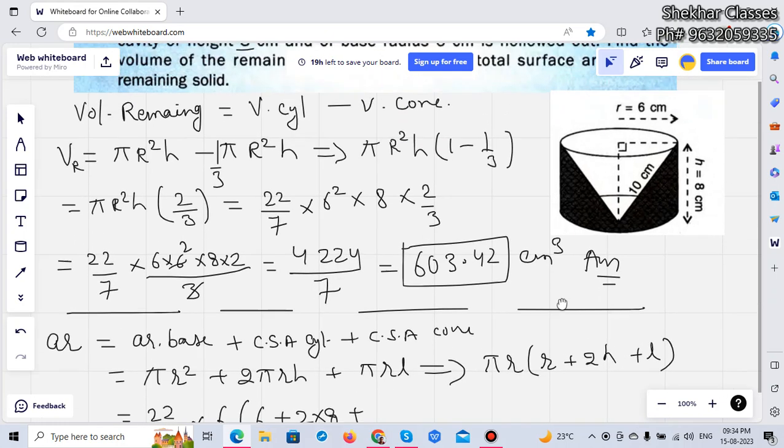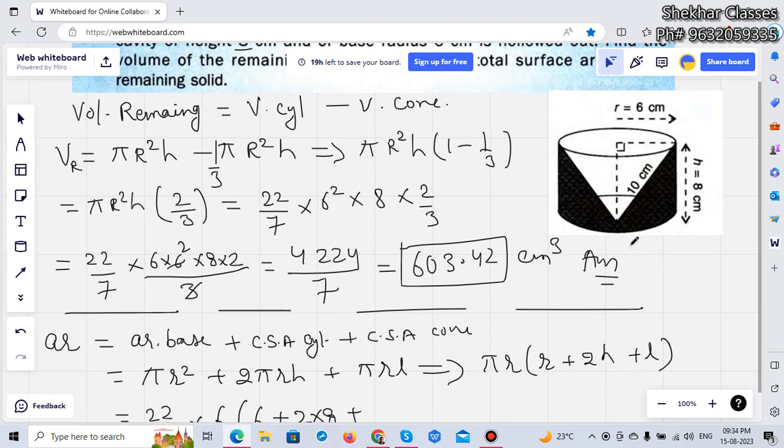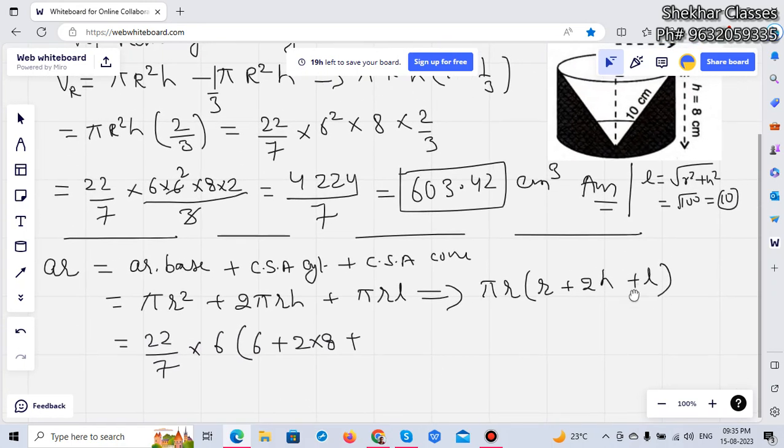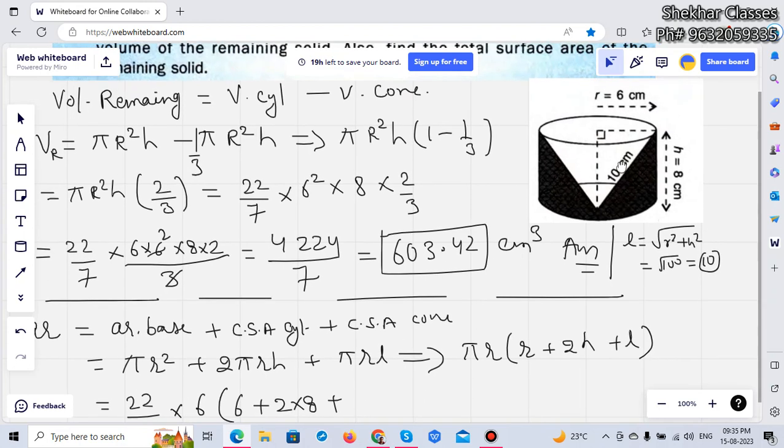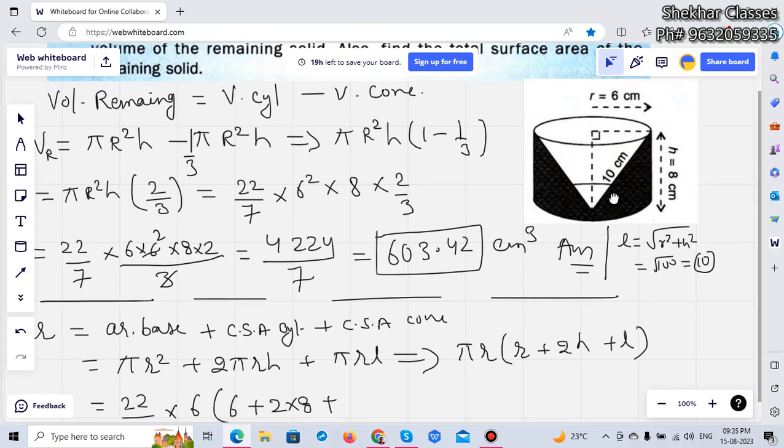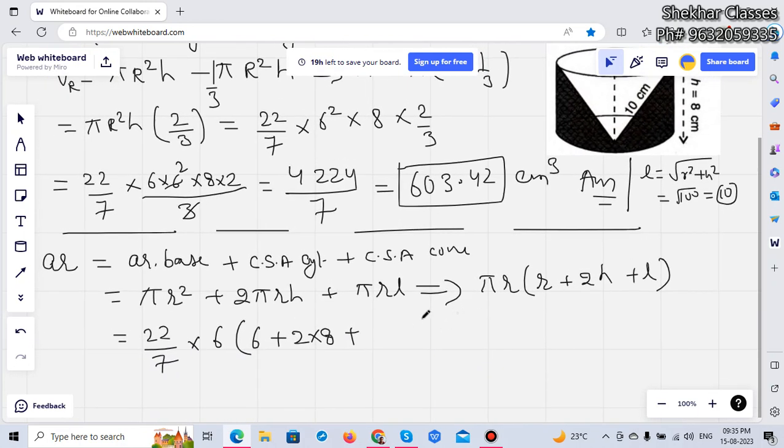We have to calculate l. L will be equal to under root of r square plus h square, that is 6 square plus 8 square, which gives 100, under root, and that is 10. Understood? So I can put 10 here.